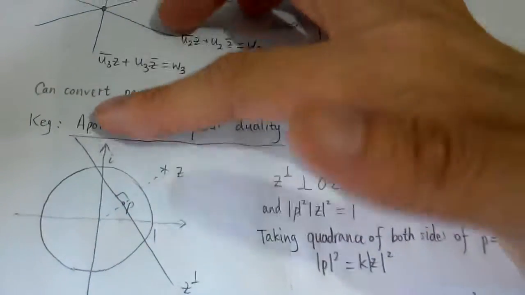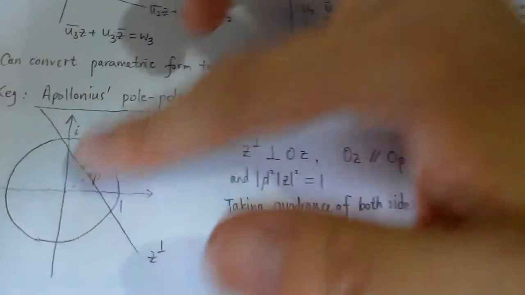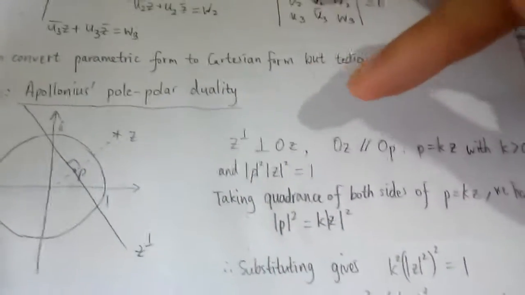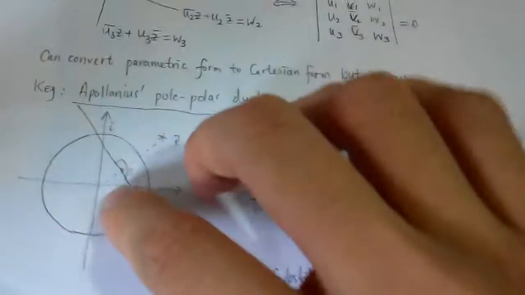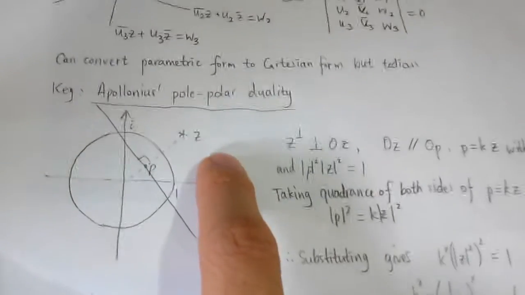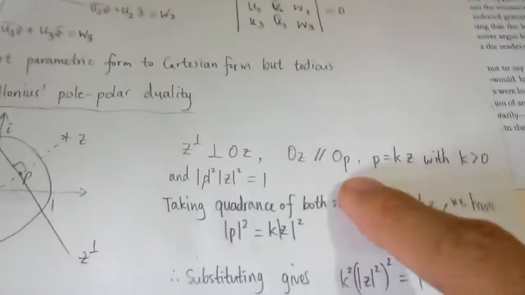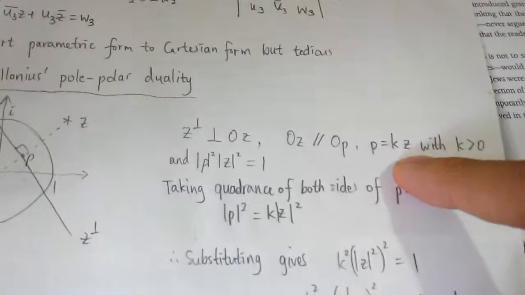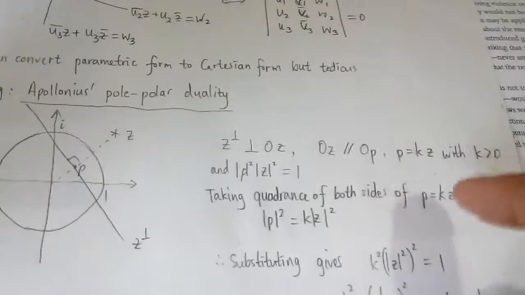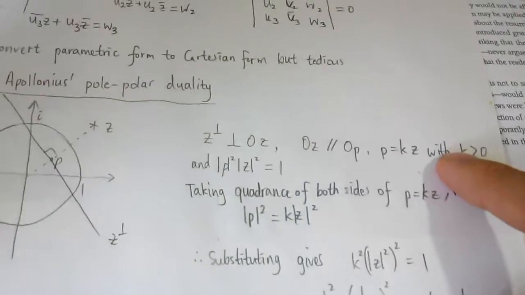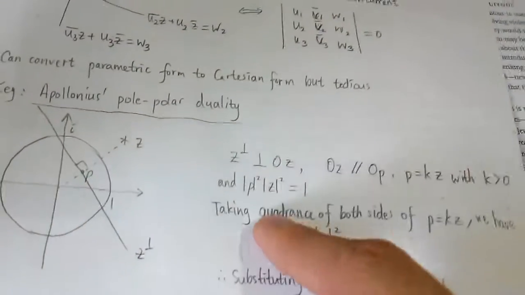I have a line such that this line is perpendicular to OZ, where O is the origin. And then OZ is also parallel to OP, where P is the meet of the line z perp and OZ. And then P equals k z with k strictly positive.